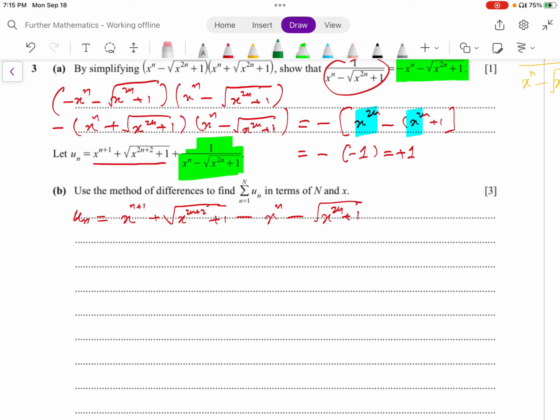So for n equals 1, when we plug in n equals 1, we are going to get x to the power 2 plus the square root of x to the power 4 plus 1, minus x to the power 1 minus the square root of x to the power 2 plus 1.